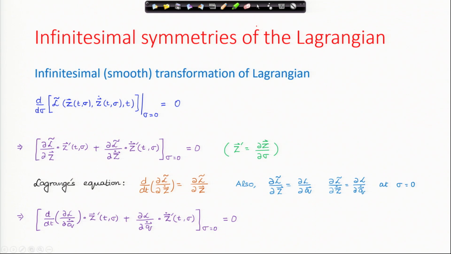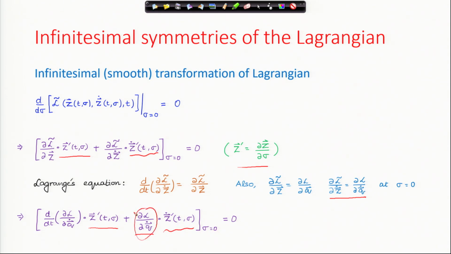So, this step I have done, and that dot Z prime, remember Z prime is ∂z/∂sigma. So, that term remains here, plus ∂L̃/∂z at sigma equal to 0, ∂L̃/∂ż is nothing but ∂L/∂q̇, of course at sigma equal to 0, dot this Ż prime, and I will take sigma equal to 0.